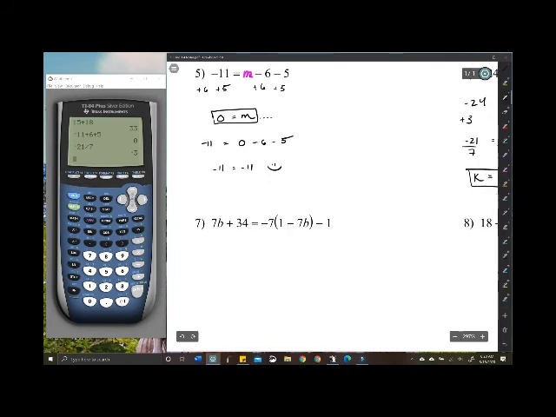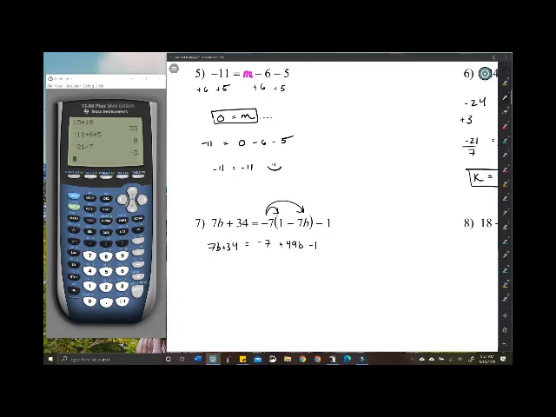Number 17. So we're going to combine distributing and then solving. So we're going to distribute first. That's negative 7 plus 49b minus 1 is equal to 7b plus 34. Okay, here we have b's on both sides.